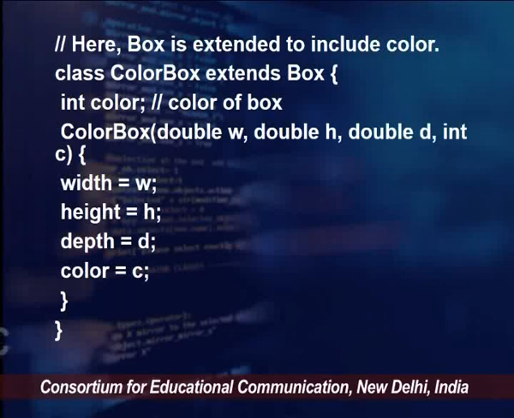Here we have also defined ColorBox, which is the constructor of our subclass. So ColorBox is having w, h, d. So w, h and d are the three variables which are inherited by ColorBox from Box, and c, which is the color variable, is going to be its own variable.